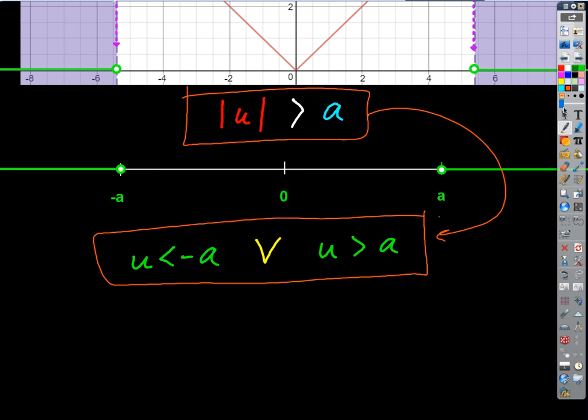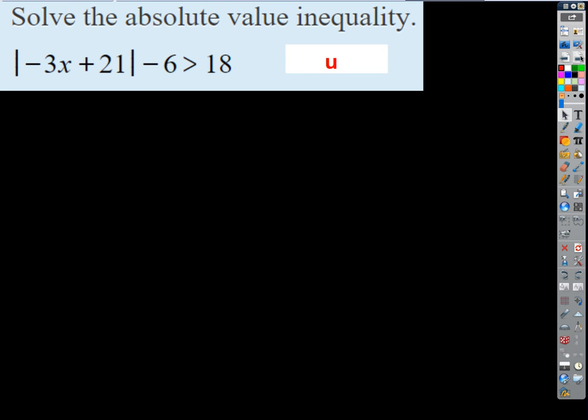Okay, so let's try this. How about something like that? What do I do first? Add 6, and that's it, I guess. Yeah. There's only one thing to do this time. I have to add 6 to both parts. What's that going to give me?